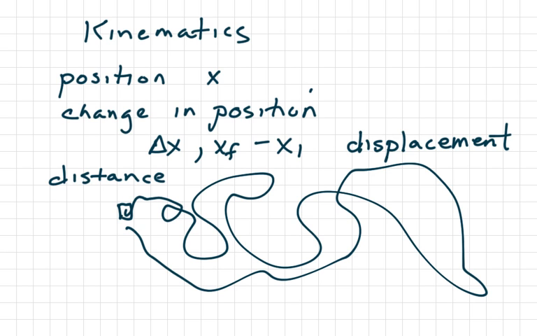So my distance, of course, is the total length of this line. But it bears taking note that displacement, which is a quantity that we will be using much more than distance, is what we are interested in here. Okay.